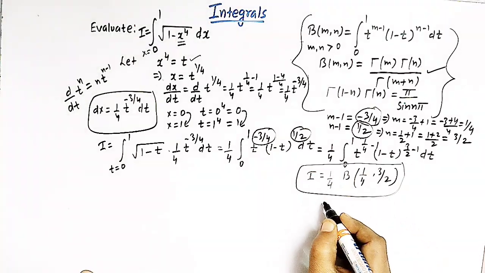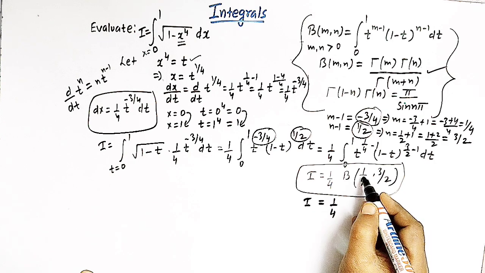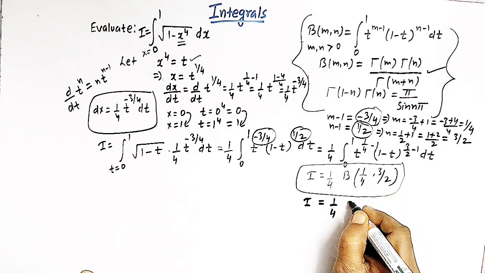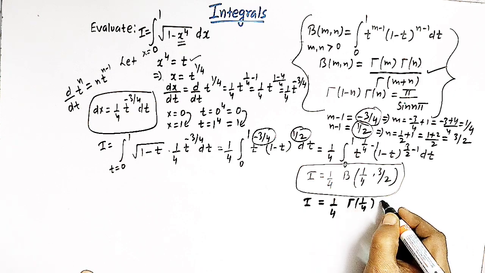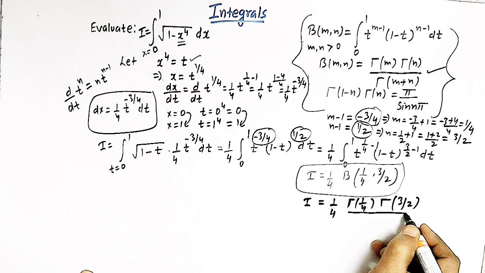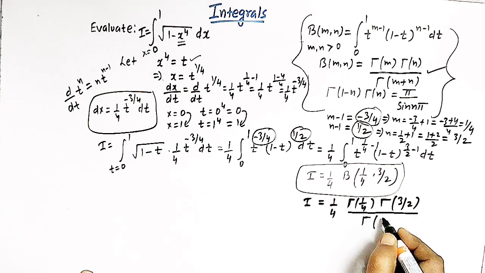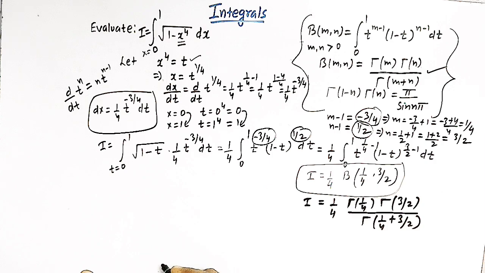So now we can write this integral I as 1 over 4. Then we have gamma 1 over 4, and then we have gamma 3 by 2, and in the denominator we have gamma 1 by 4 plus 3 by 2, right?